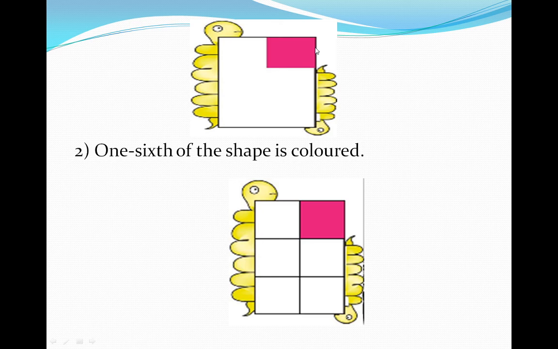If we consider this one part as one part, we draw the other 5 parts and we get a total of 6 parts, and out of the 6, one is red color. So we can say 1/6 of the shape is colored.